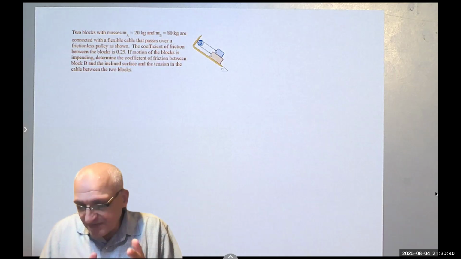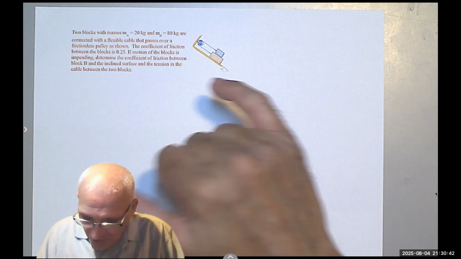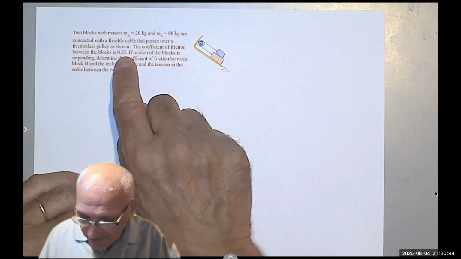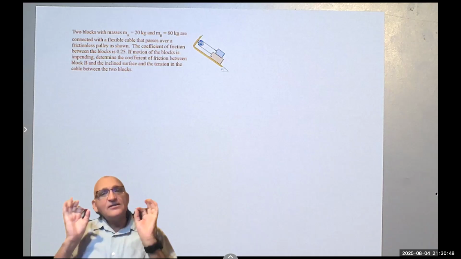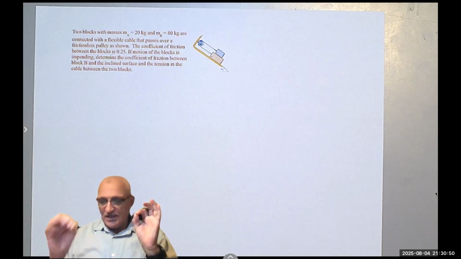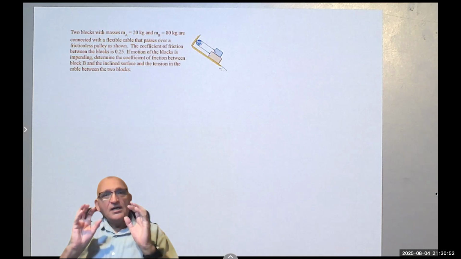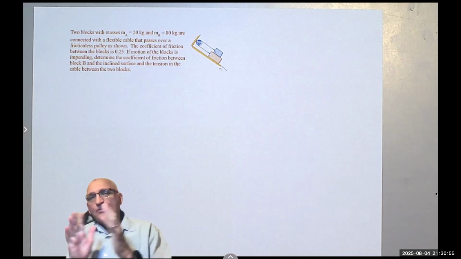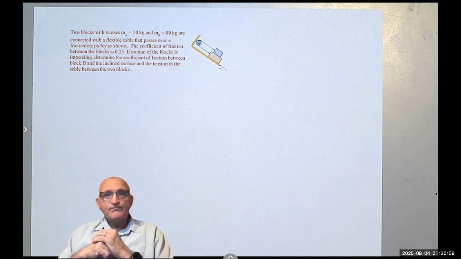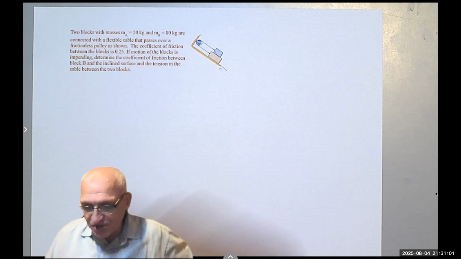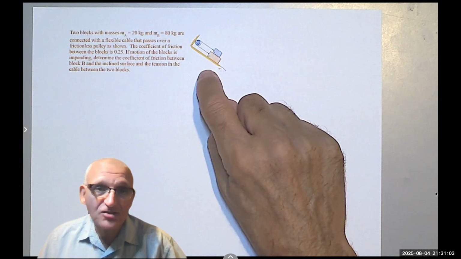After that, they give you the coefficient of static friction between the two blocks to be 0.25. And then they said, at the point of impending motion. So if this bottom block is about to slide down and the upper one is sliding, of course, up, what would be the coefficient of friction between the block and the surface?